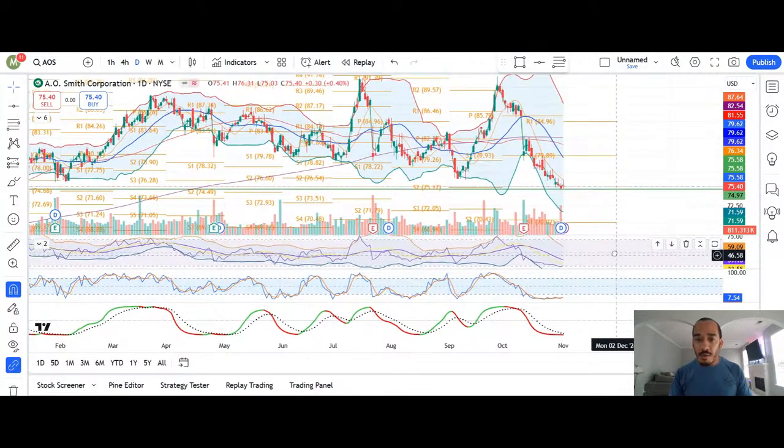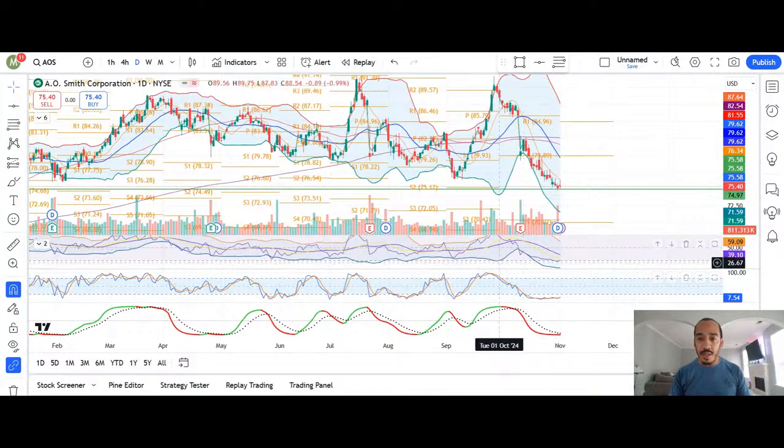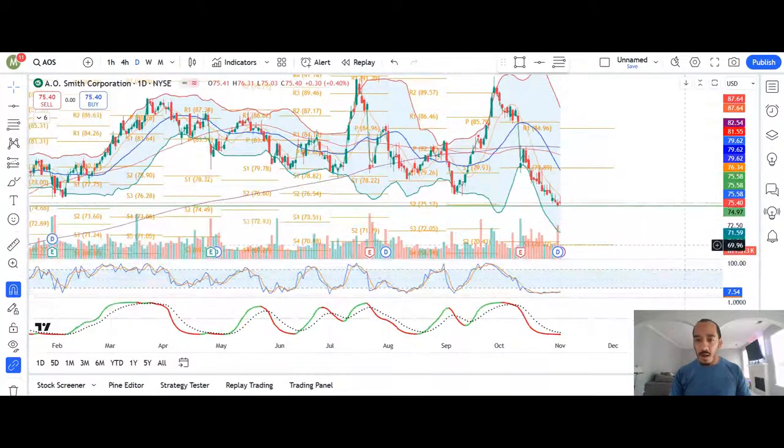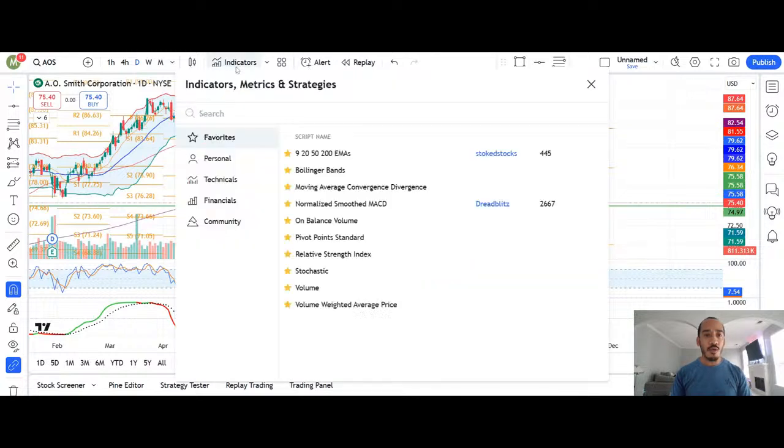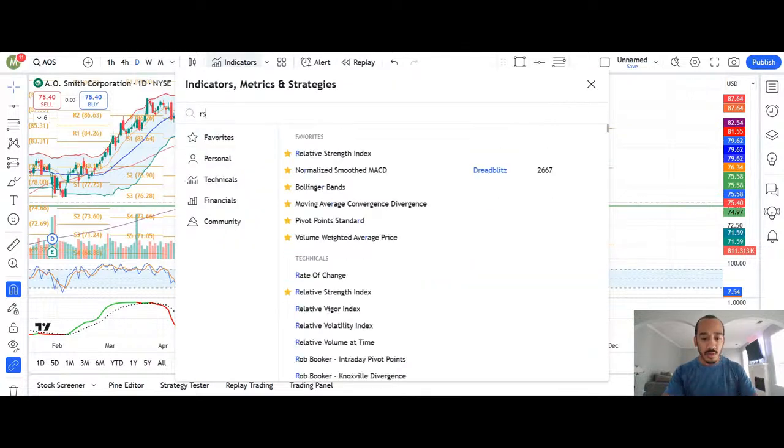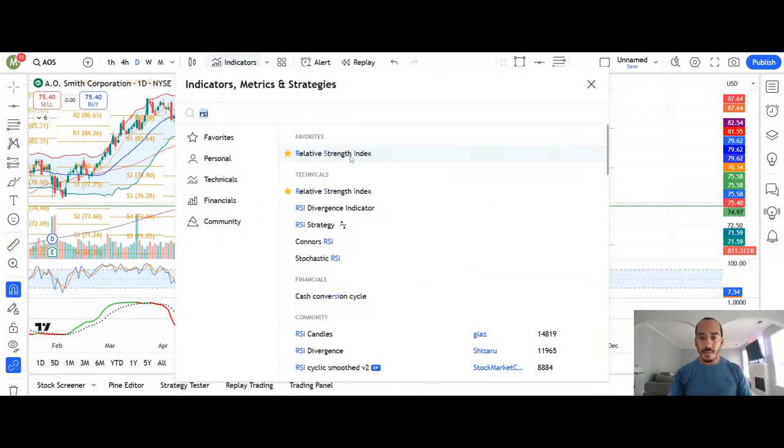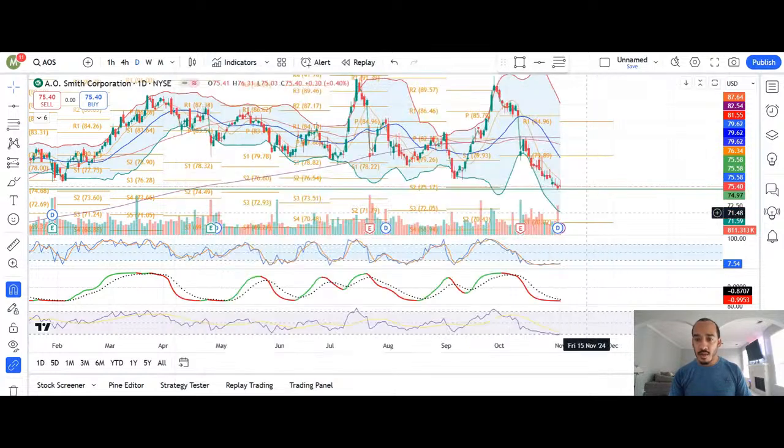So I have the Bollinger Bands on the RSI, but let me see if I could remove them to see if this could be a little easier to read and less confusing. All right, so the RSI shows, oh dang, let me just add it back. So the RSI shows overbought and oversold levels, right?